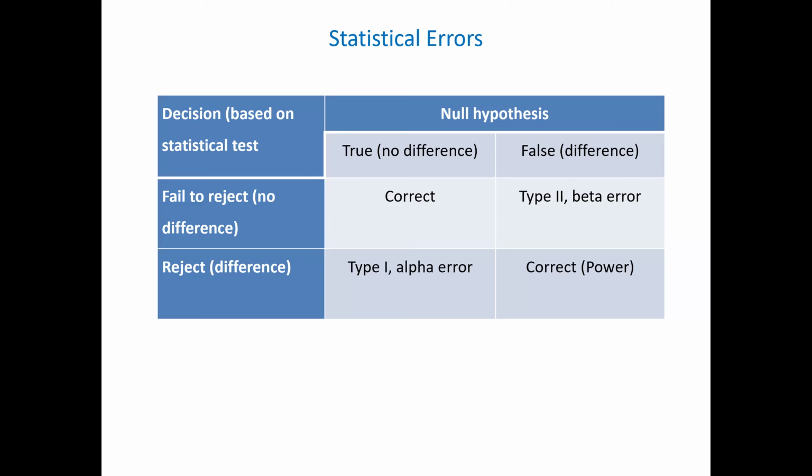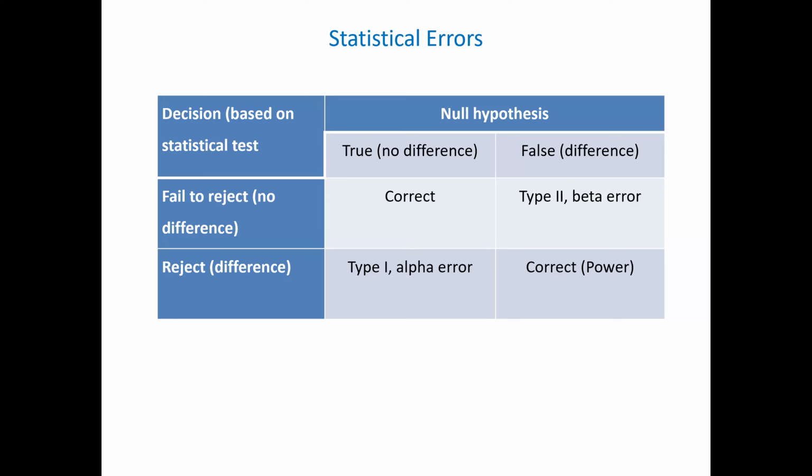Now, we have talked about power and type 2 error and how they are related. Let's now talk about this type 1 error. That's the most important aspect of it.